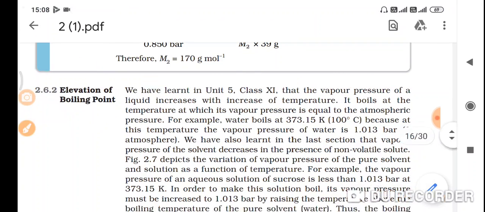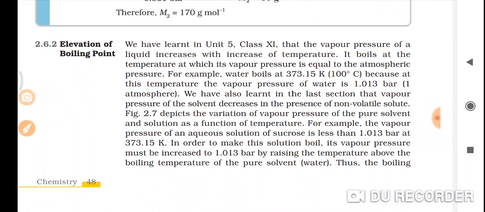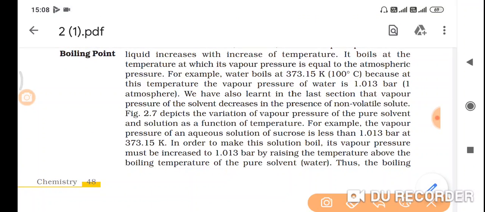Let's begin. So, elevation in boiling point. The boiling point of water is 373.15 Kelvin, 100 degrees Celsius.